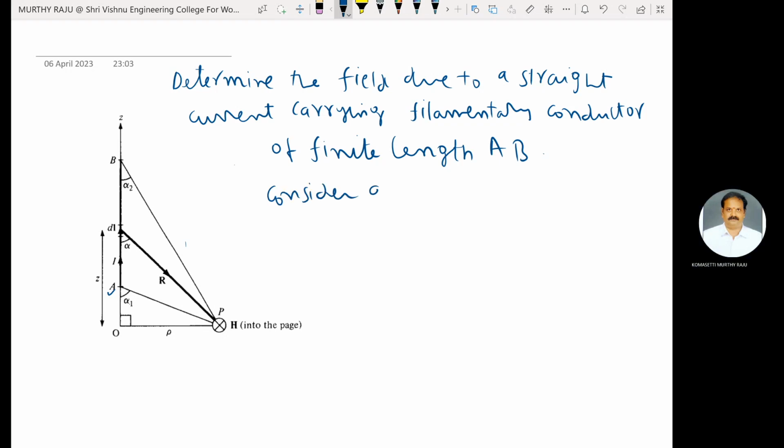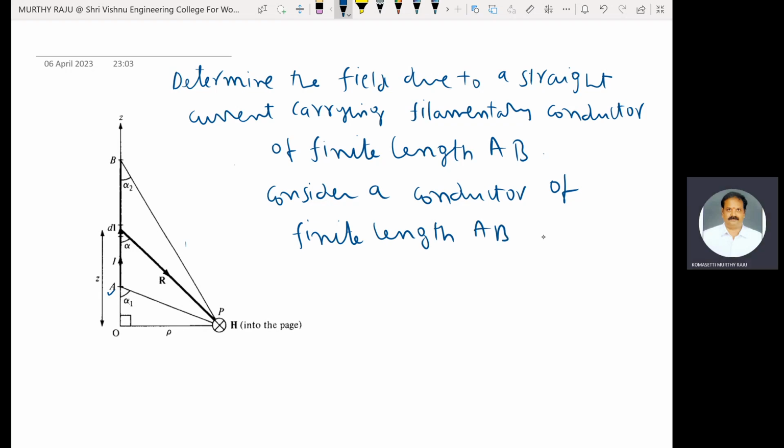Consider a conductor of finite length AB along the z-axis.